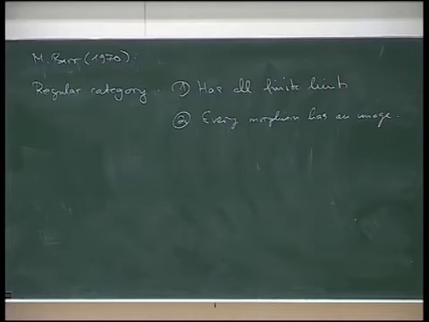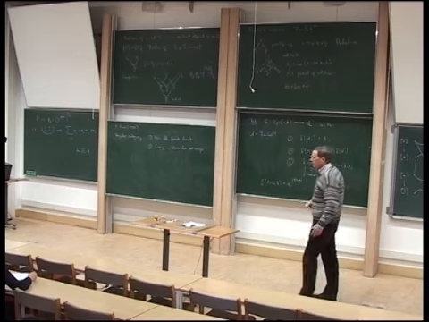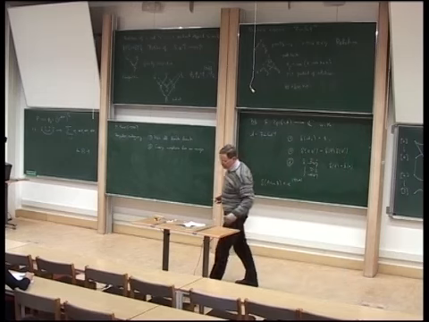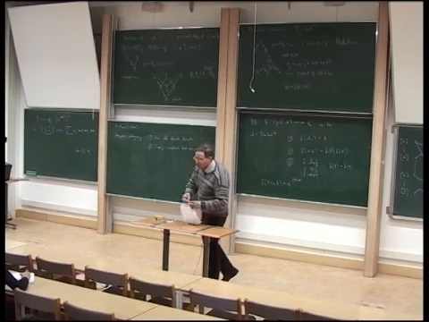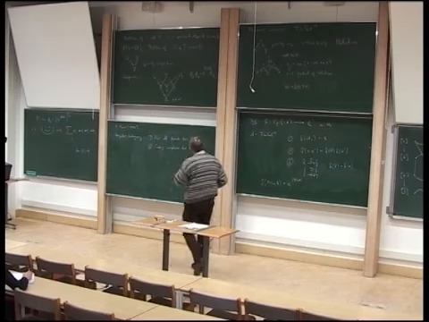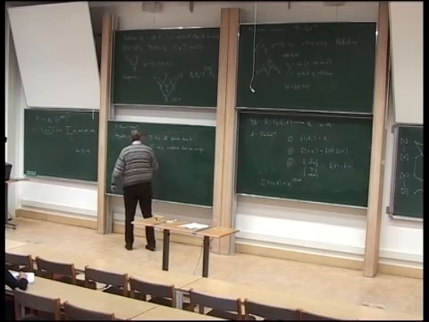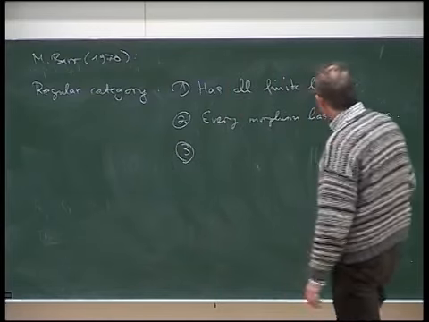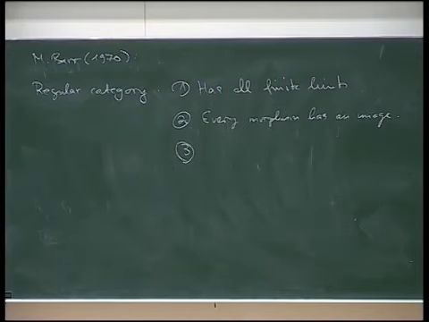In other words, for every morphism there's a smallest subobject of the target through which your morphism factors. And the crucial property is now that images, or equivalently epimorphisms, commute with pullbacks.